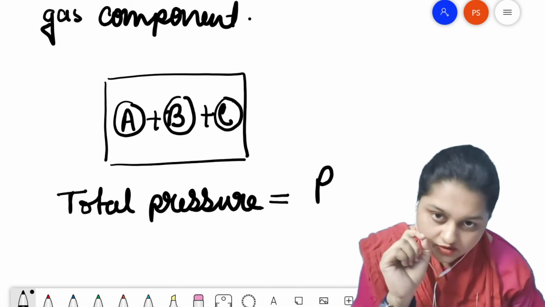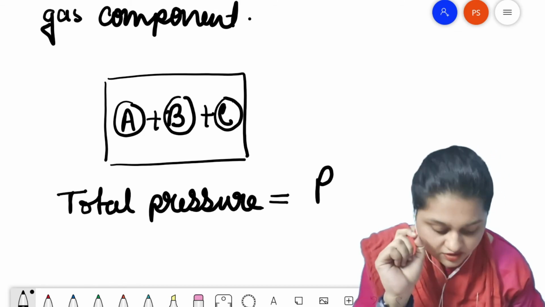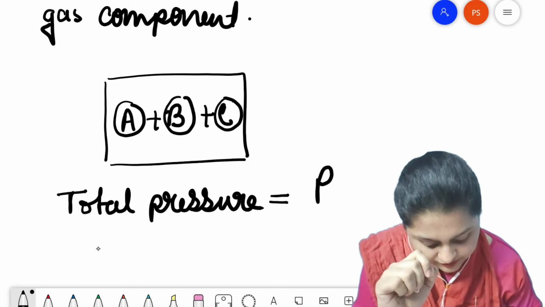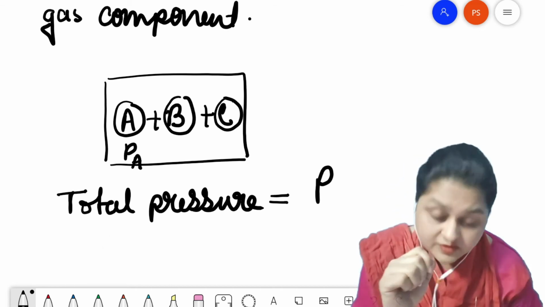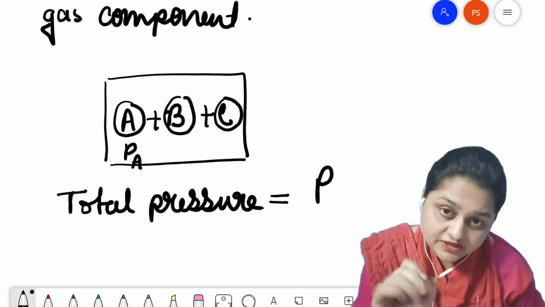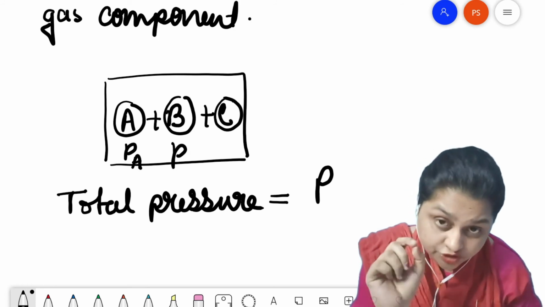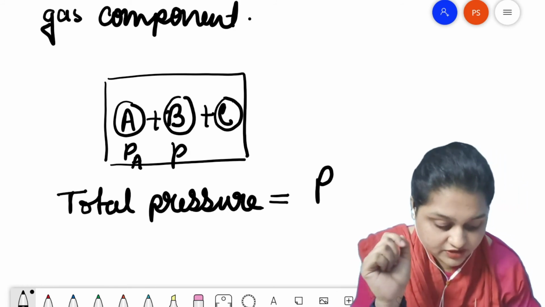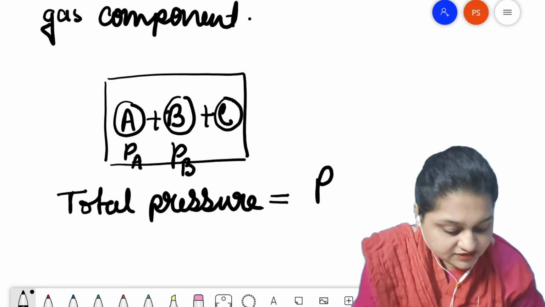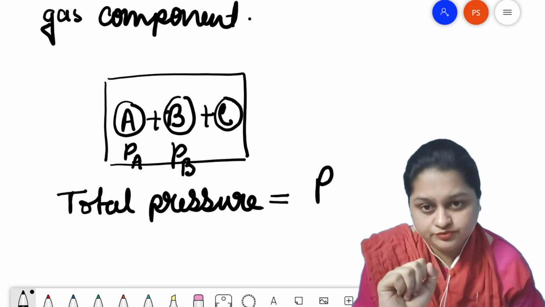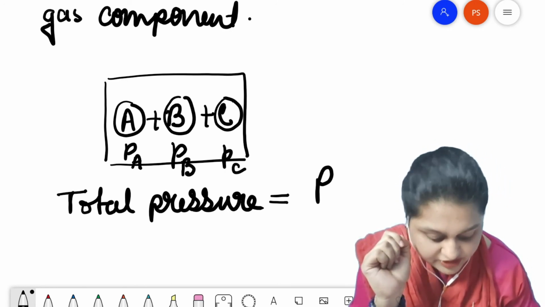Now the component gas A gives pressure Pa. The component gas B contributes pressure to this total pressure P, Pb, and the component gas C contributes pressure Pc to this total pressure.